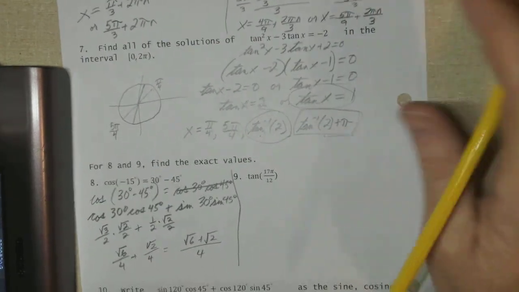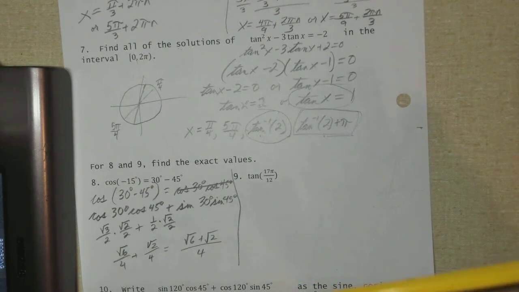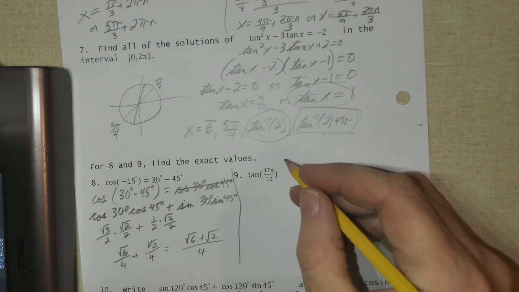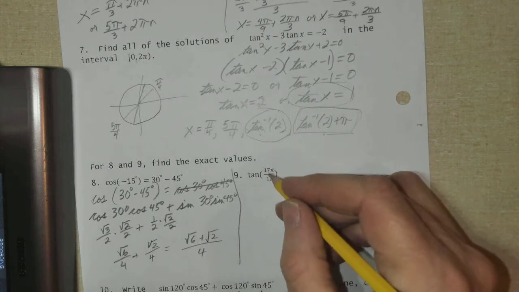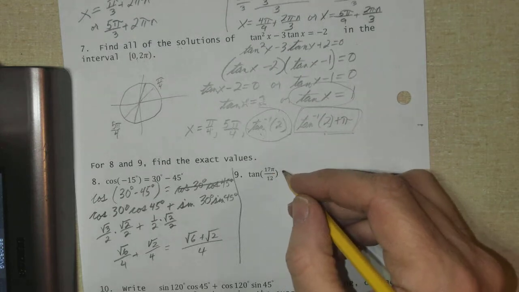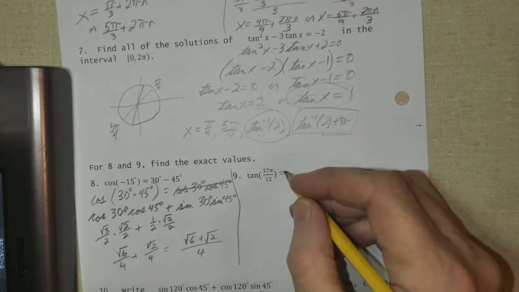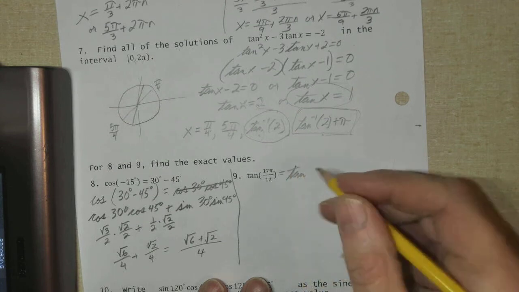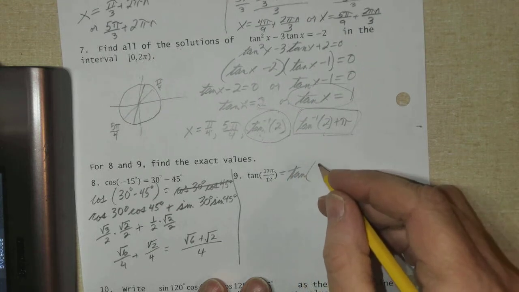All right. Tangent of 17 pi over 12. Okay, I know 8 and 9 make 17, and that will cancel some with the 12, so I'm having a feeling that that'll make some difference on the unit circle.